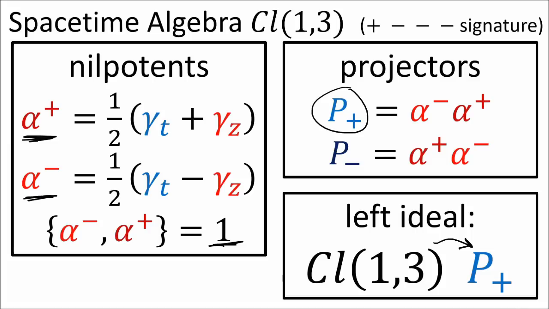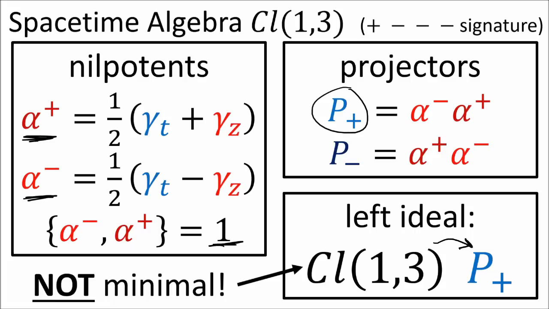However, we saw in the last video that one projector in CL13 is not enough to give us a minimal ideal. There are still smaller ideals inside our current ideal, so we need to find another projector to make our ideal even smaller. We can do this by finding another pair of nilpotent elements.